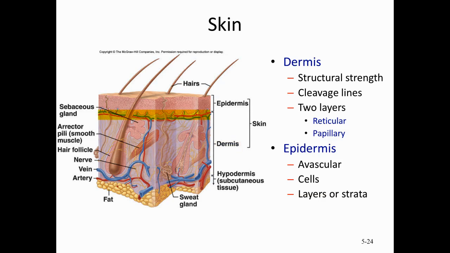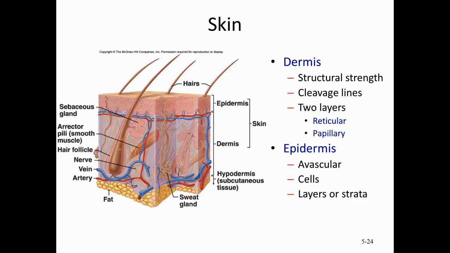We have the papillary layer, where you're going to find the dermal papilla. If you notice on this picture, in the dermal papilla we have capillaries, some blood vessels there. That is the papillary layer. And then below that is the reticular layer. So the bulk of the dermis is the reticular layer.